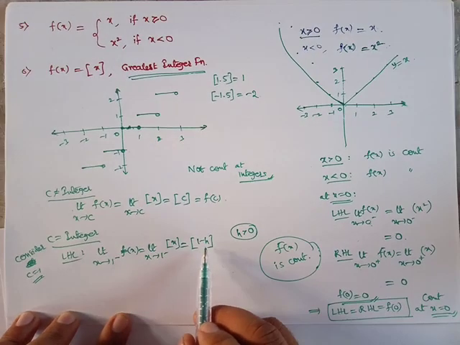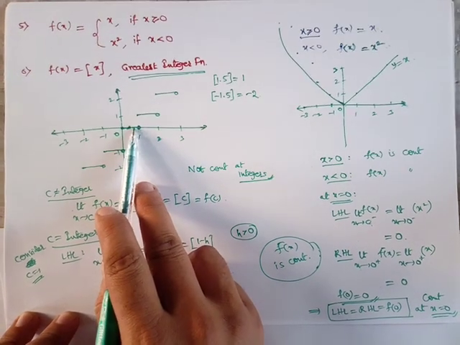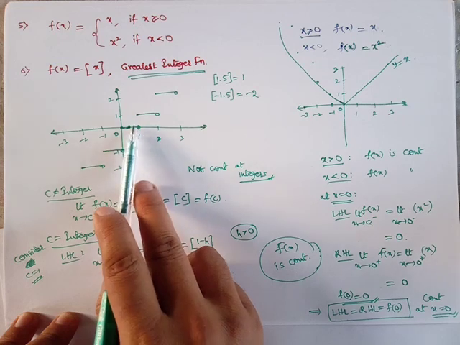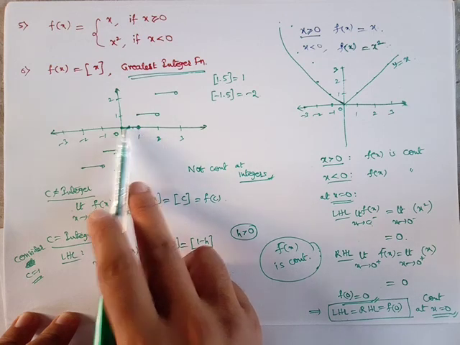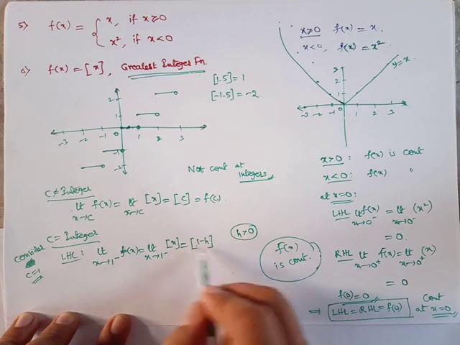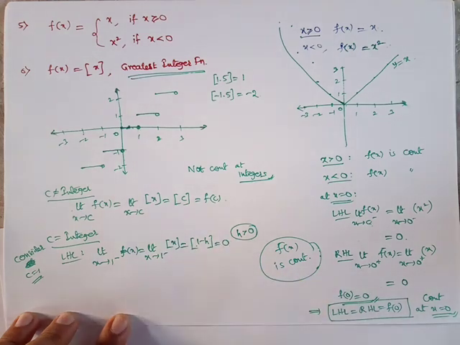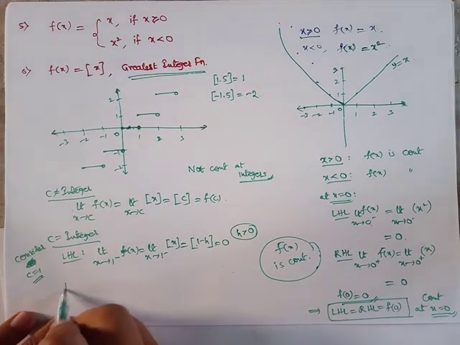Then this value will become lesser than 1, like 0.9, 0.6 and so on. At that time it will take up the value 0 only, so the step value of 1 minus h will be taken as 0.